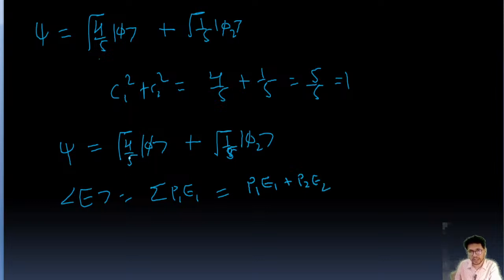P1 means mod C square, so this is 4 by 5, and the ground state energy of a one dimensional infinite potential well is pi square h cut square upon 2 m a square, right? Here a is 1, so 1 square is 1. And then P2 is 1 upon 5.